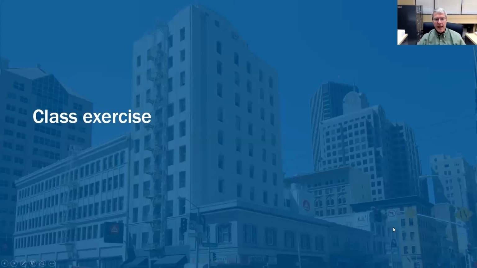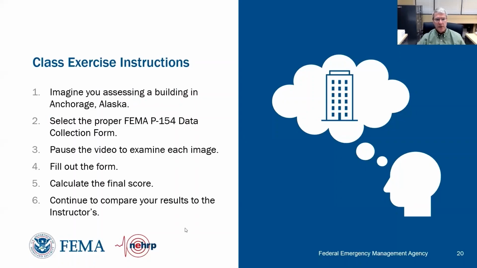All right, here's our class exercise where we'll dive a little more deeply into how to do a field screen and how we walk through and complete the forms. Here is a building that we have in Anchorage, Alaska. We'll select the proper data collection form.